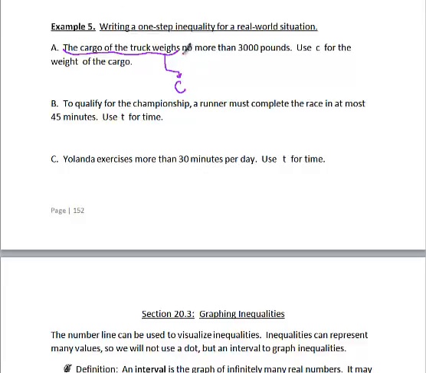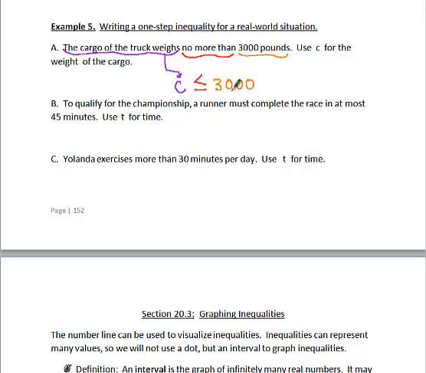And then we have no more than. That means that the weight is less than or equal to 3,000 pounds. And so the less than or equal to symbol is followed by 3,000.